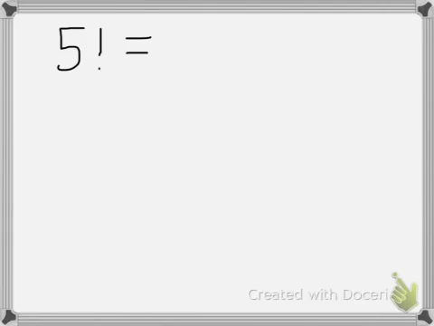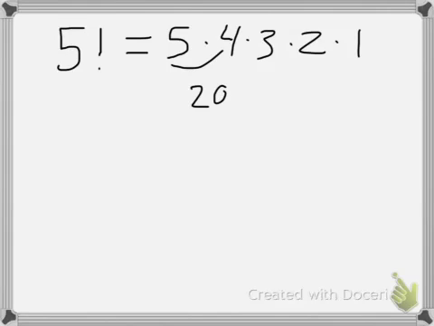This is called factorial, and what it means is that we take 5, and we multiply it by each of the integers below it, all the way down to 1. So 5 factorial is equal to 5 times 4 times 3 times 2 times 1. 5 times 4 is 20. 20 times 3 is 60. 60 times 2 is 120.